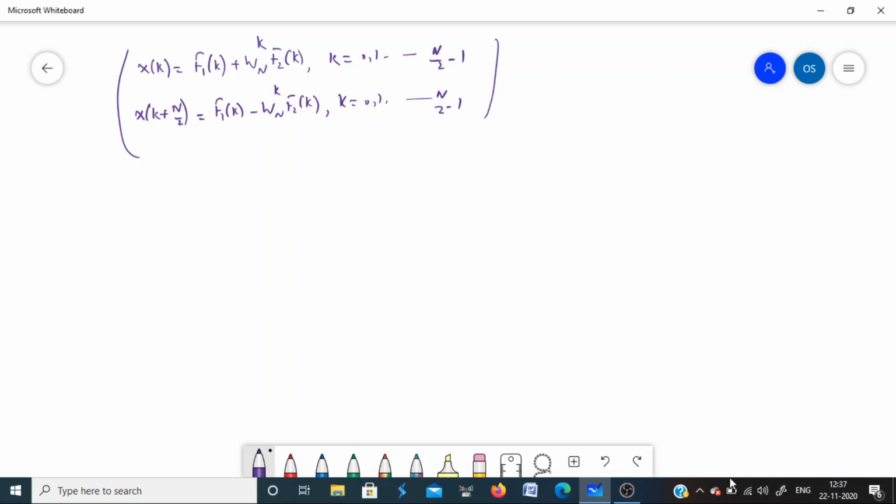So if you know the two N by 2 point DFTs, that is F1k and F2k, you can get the N-point DFT from these equations.